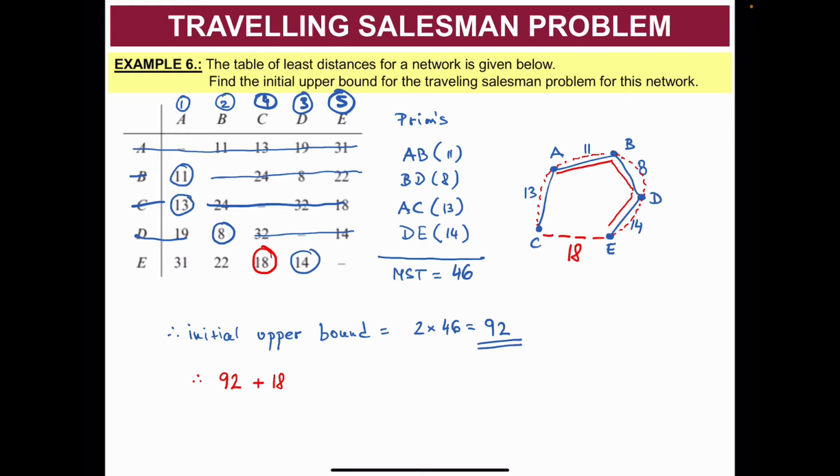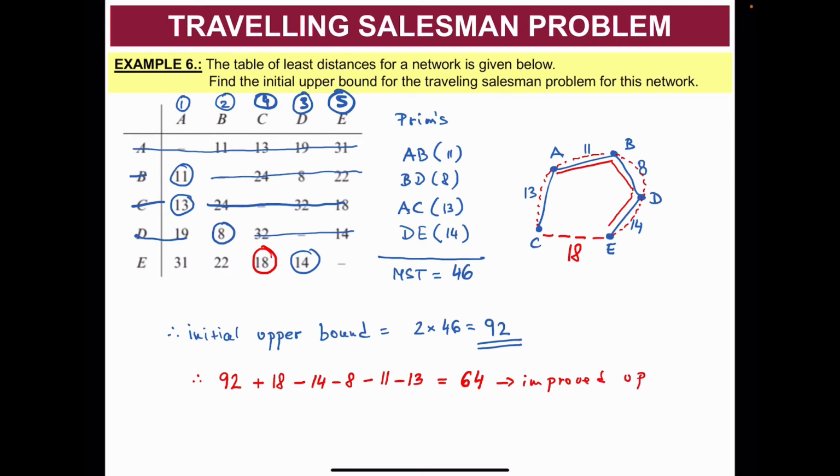But by adding this edge, what I saved was 14 and 8 and 11 and 13, because I didn't have to go back all the way to C or to A. So when you look at this, this should be 110 minus 25, 33, 46, so 64. Okay, so this is my improved upper bound.